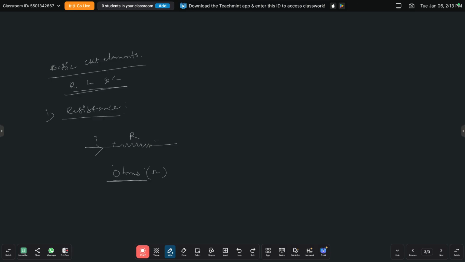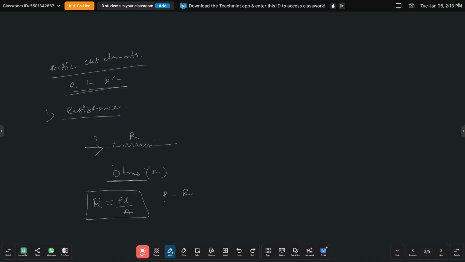Generally, the resistance of any given material depends on different factors: R equals rho into L by A. So the resistance of the given material depends on the resistivity of the conductor, the length of the conductor, and the area of cross section. This is the formula to find the resistance of the given material: rho into L by A.